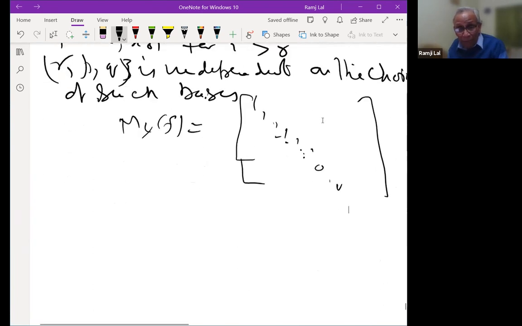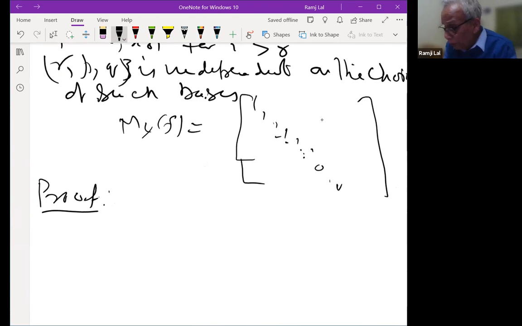And here I am going to give you the proof, but if you just look into the proof, you can imitate it for the complex Hermitian form also. For the Hermitian form, you observe the diagonal elements are always real numbers.